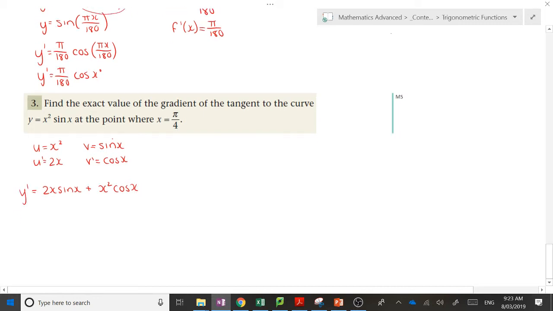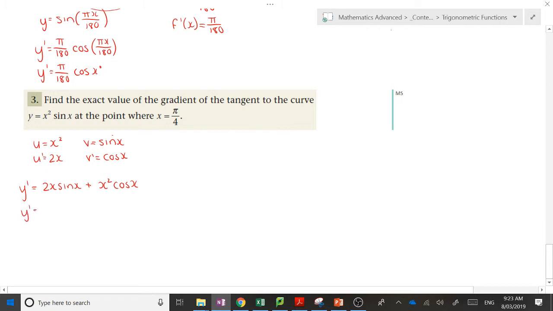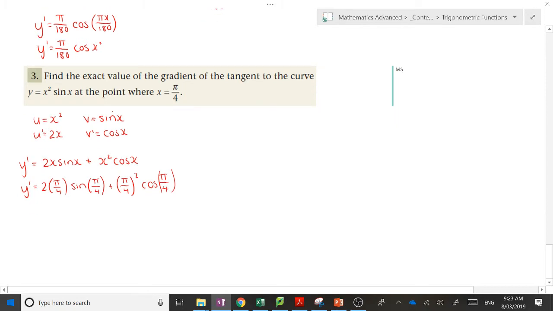And all I need to then do is put pi on 4 in there. So 2 times pi on 4 times sine of pi on 4, plus pi on 4 all squared times cos of pi on 4. Yes, it's 45 degrees, so they're both 1 on root 2.